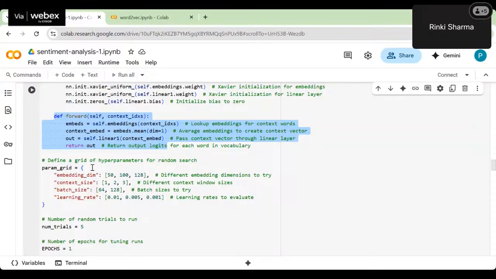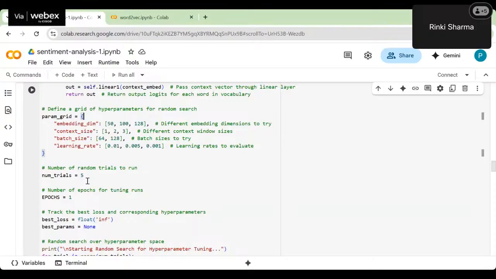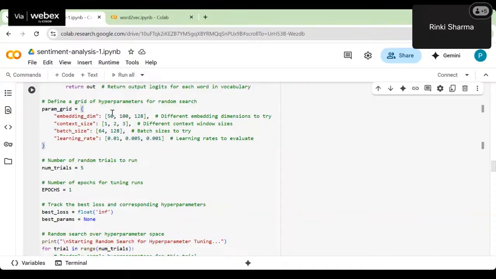The number of trials we have defined is 5. We choose pairs from these defined ranges for each hyperparameter, run one trial epoch over the chosen hyperparameters, and calculate the loss. So this is how the hyperparameter tuning works here.